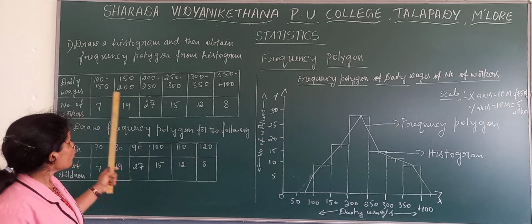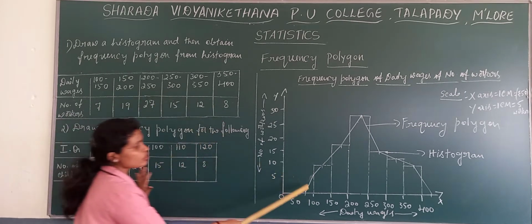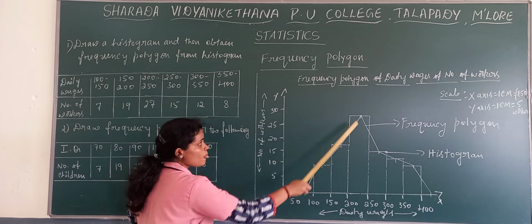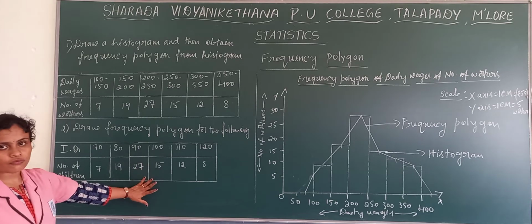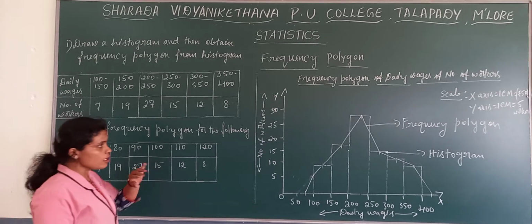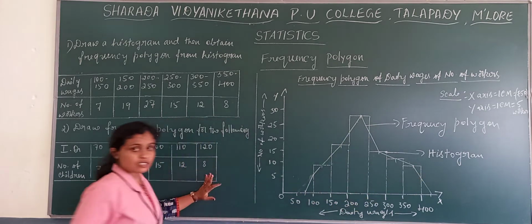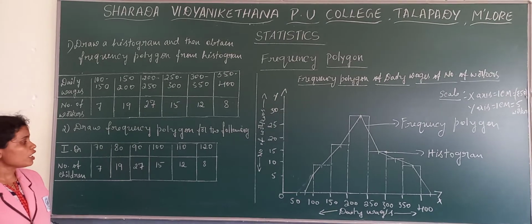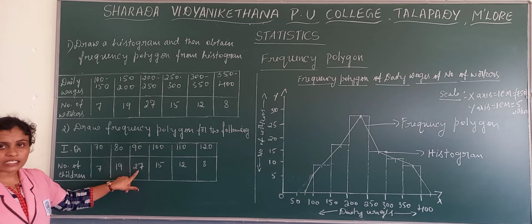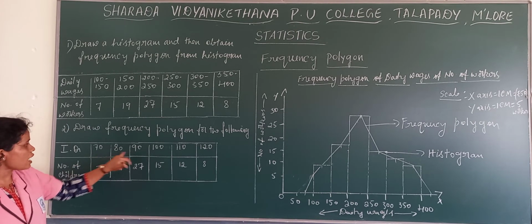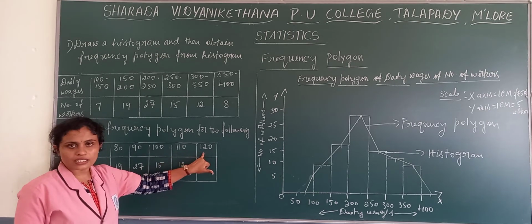As I said, when you get a continuous frequency distribution, firstly you draw the histogram, then represent the frequency polygon. But in the case of a discrete frequency distribution, you can directly represent the frequency polygon. Here the discrete values are 70, 80, 90, 100, 110 and 120.